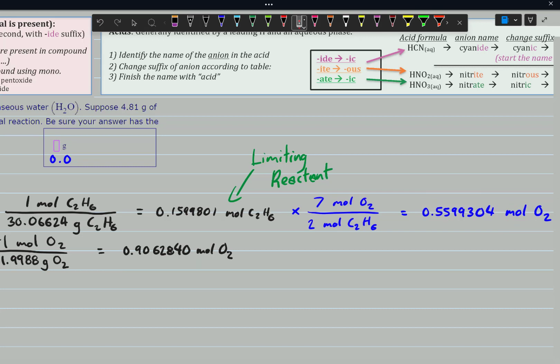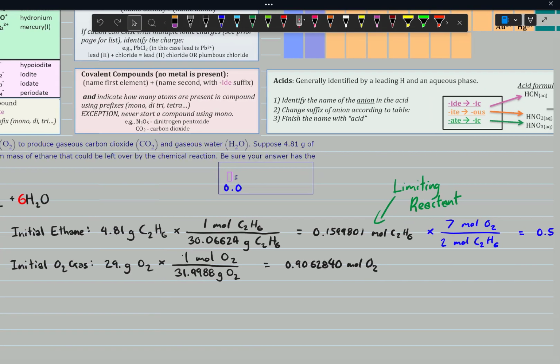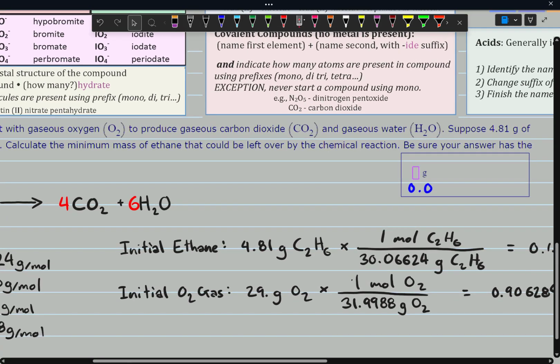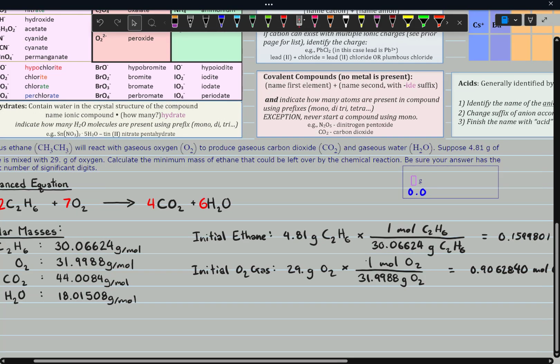So that would give you a value of what? Probably 0.35, but that's not what the question's asking. It's asking how much ethane is left over, and of course there is none, because ethane is our limiting reactant.